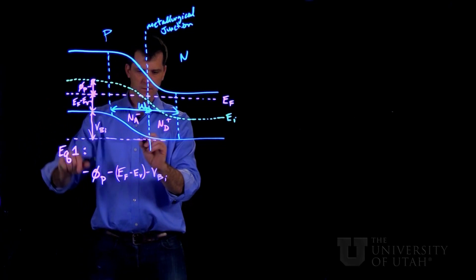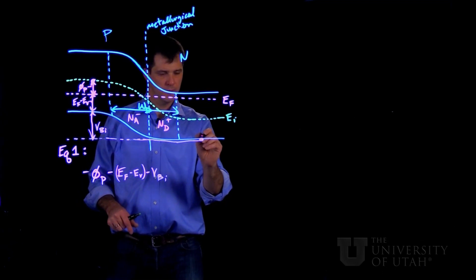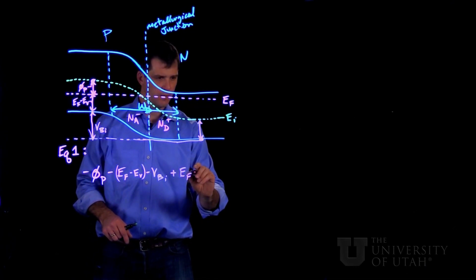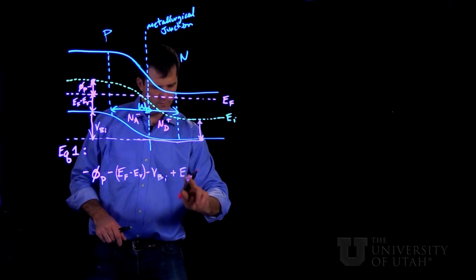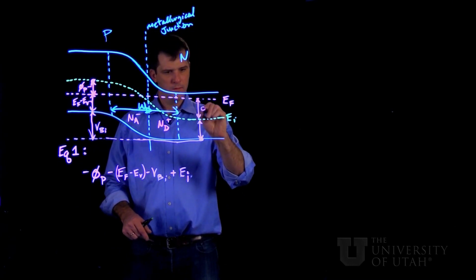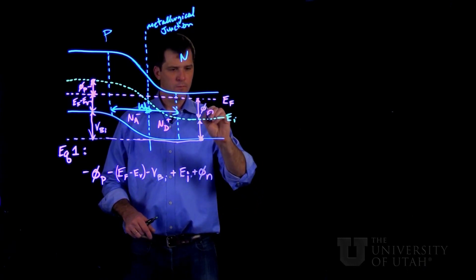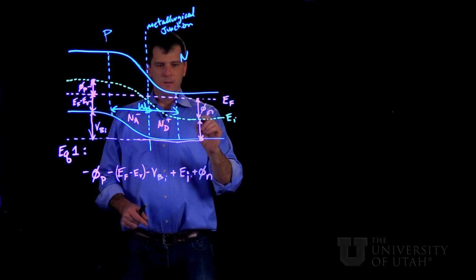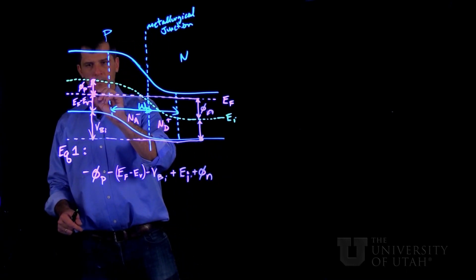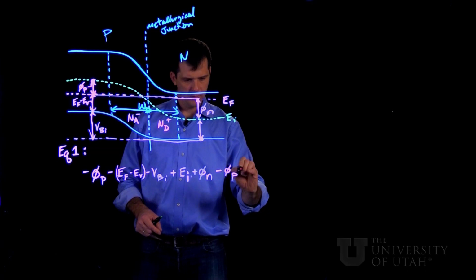Now we're on a constant line where we can come over all the way through the junction to the other side, far away from the junction on the N-type side, where we add plus EI, then we add our phi n. I said phi p, but I meant phi sub n. Then we can come back over on this Fermi level line and end up back here where we can take off that phi sub p again, minus phi p, and it equals 0.